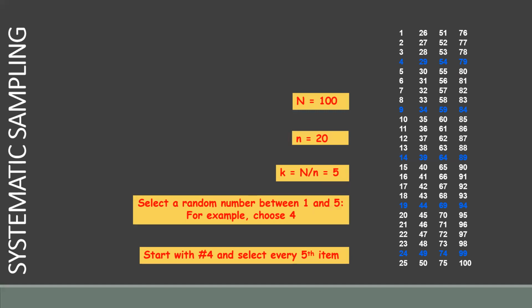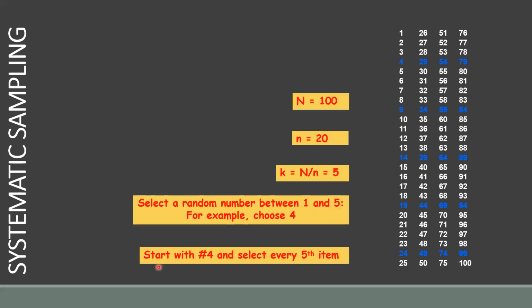To identify the number of individuals that will be selected from the population that you have, we simply divide the population by the sample size. So capital N divided by small n will now be equivalent to 5. So you will be choosing the individual for every 5 counts.